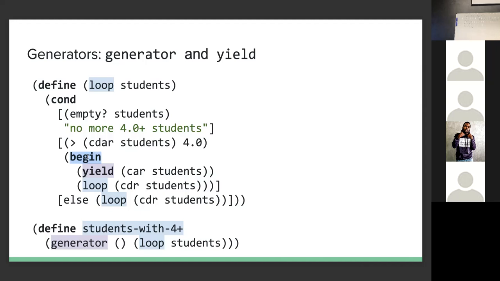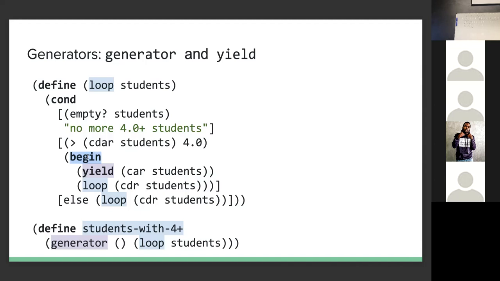And then to construct the actual generator, we use this loop with some initial value, which in our case was predefined. We had the students already defined somewhere. Now the empty list, that is the first argument to generator, is the state of the generator, which you can optionally use, but this is a little bit complicated. We're not going to be using that.